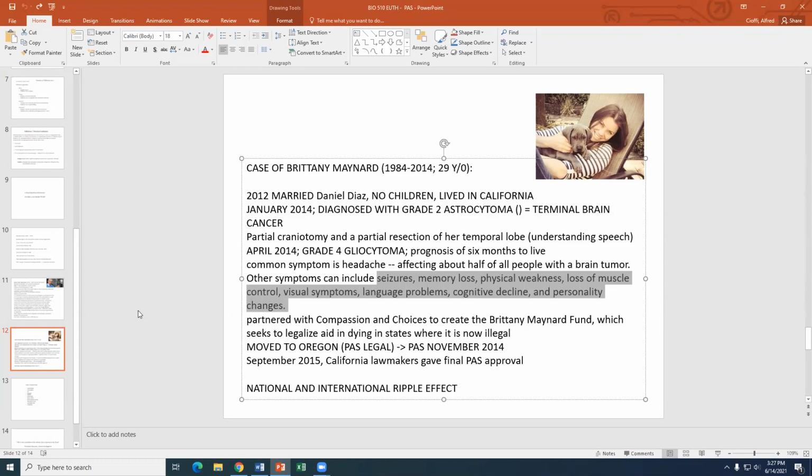So they're neighboring states, and of course, what happens, Compassionate Choices picks her up on the radar and makes a sweet proposition to her that she becomes the poster child for them. Because how incompassionate are we going to be? This young lady is dying from a brain tumor and you're denying her to have a good death, a peaceful death.